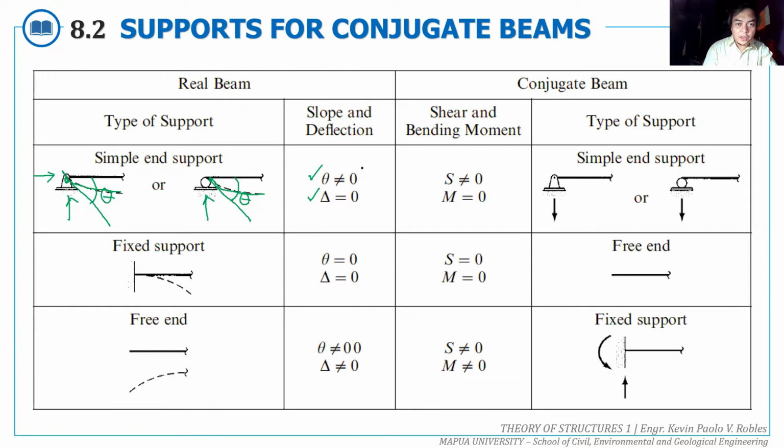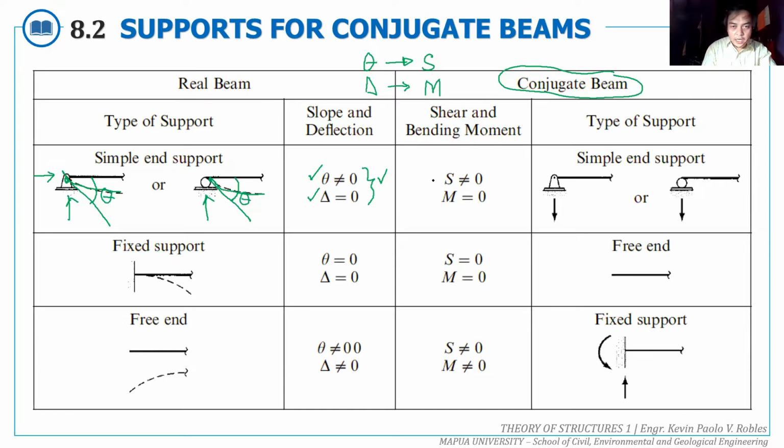Okay? So this is what we need to know in the real beam: the slope and the deflection. Now, if the slope is not equal to 0, when we identify the corresponding conjugate beam, diba sabi natin, the slope in the real beam will correspond to the shear on the conjugate beam, while the deflection, or the delta, on the real beam will correspond to the moment on the conjugate beam.